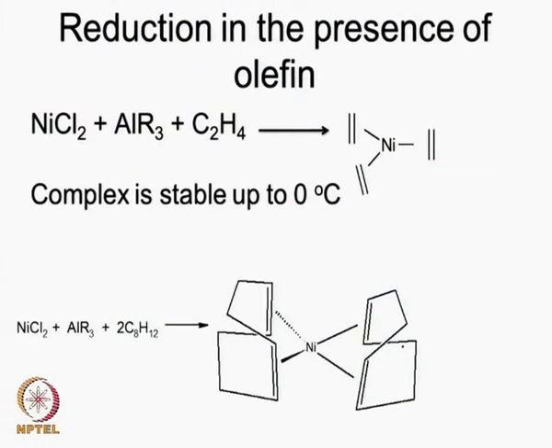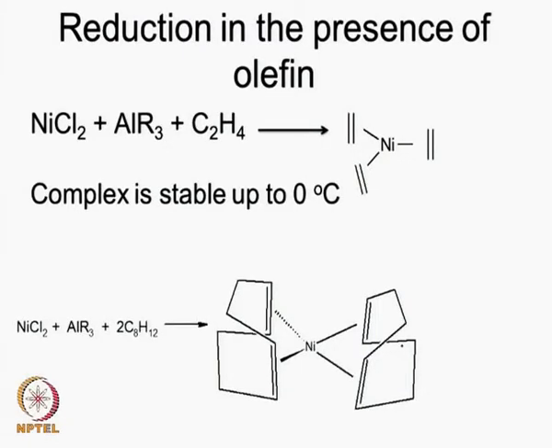Now, I have mentioned that ethylene is a good ligand for metal in 0 oxidation state, but very often it is not possible to prepare homoleptic complexes. By homoleptic complexes, I mean complexes in which all the ligands present around the metal are of the same type, in this case an olefin.